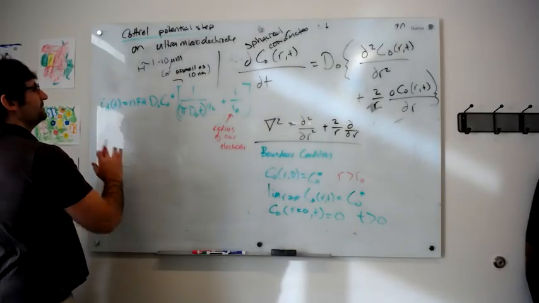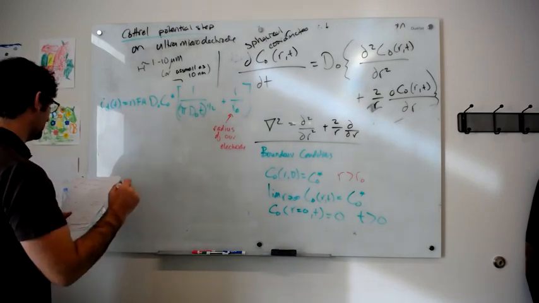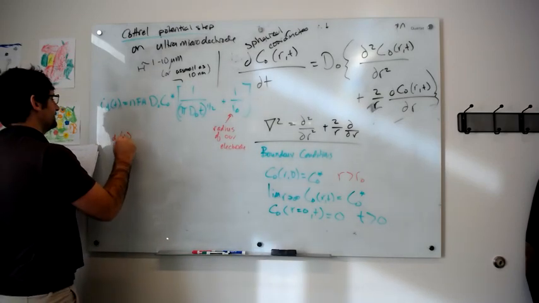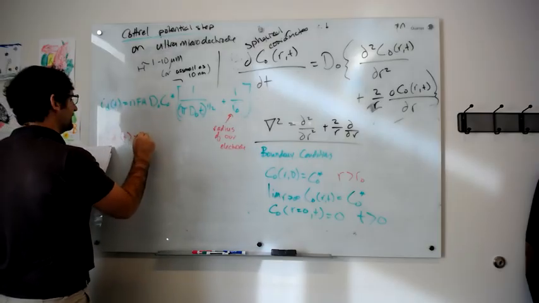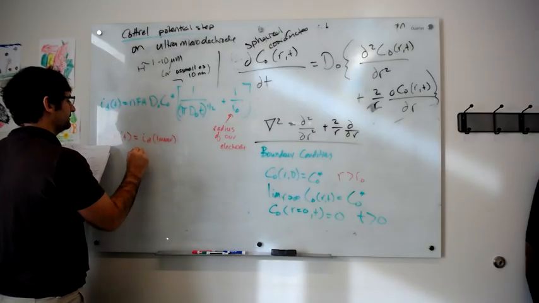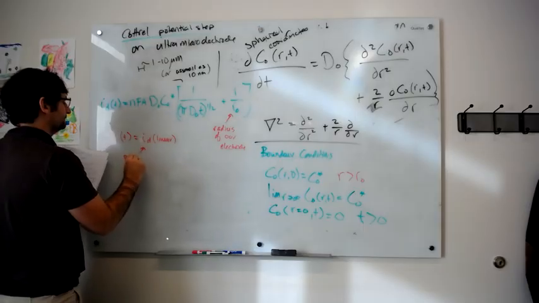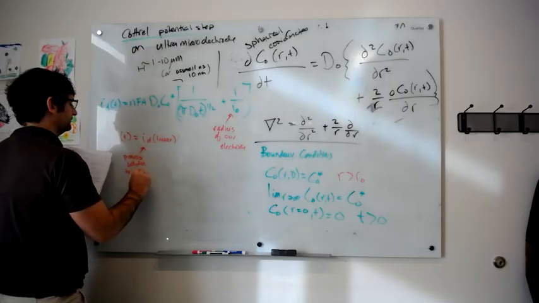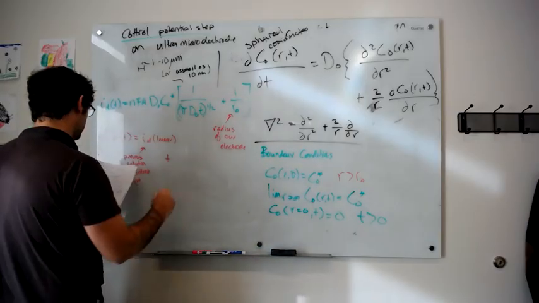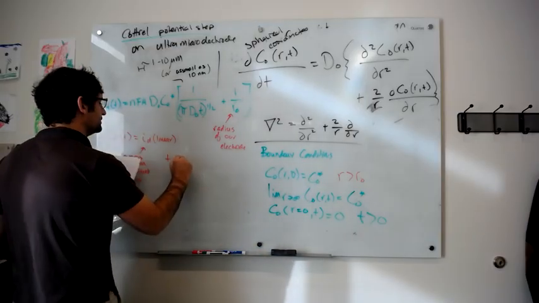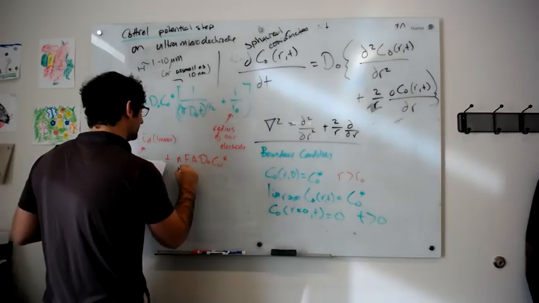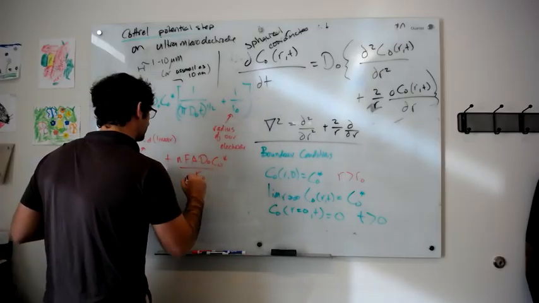And now the current depends on 2 things. We can write this current, i_d of t equals i_d linear, which is the previous solution to the Cottrell equation, plus a constant part, which is nFA D_O C_O star over r naught.